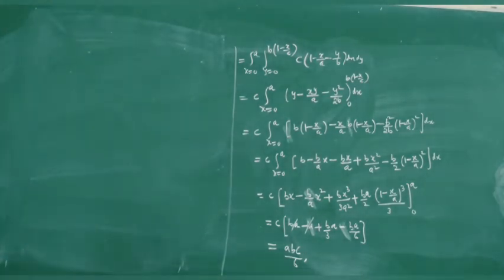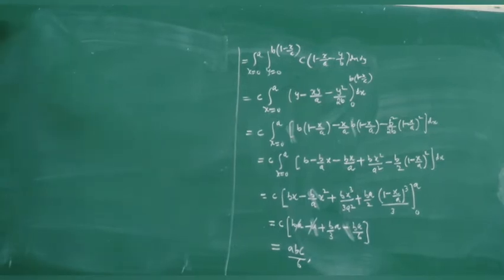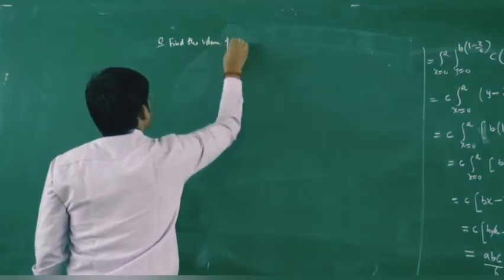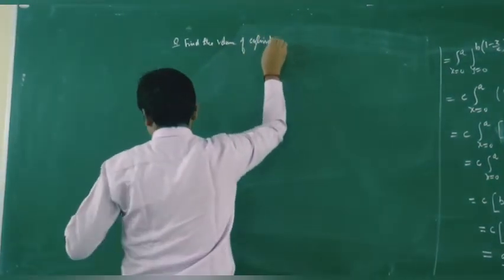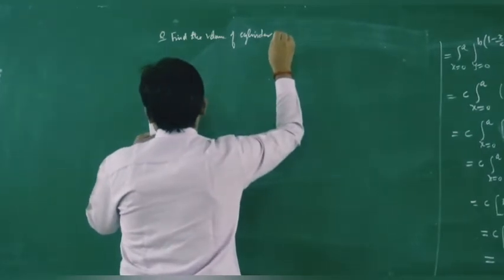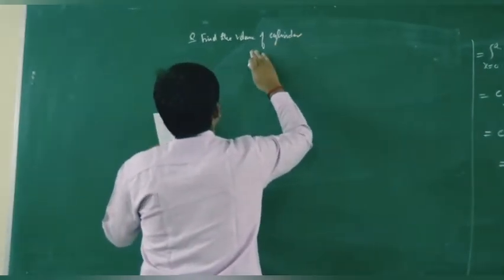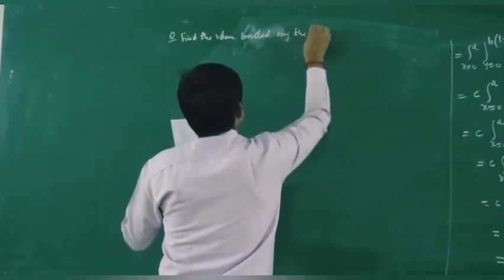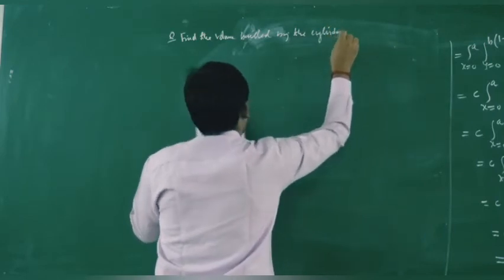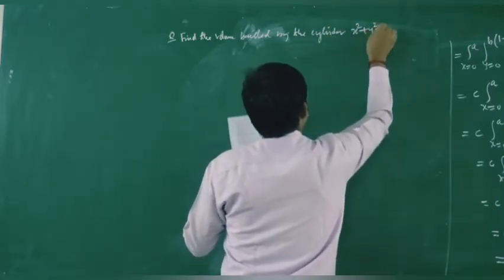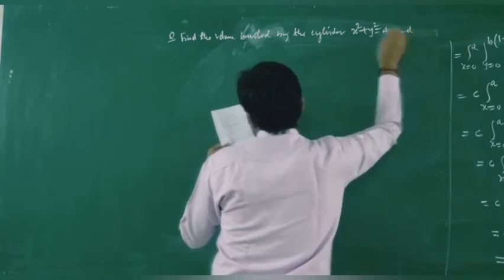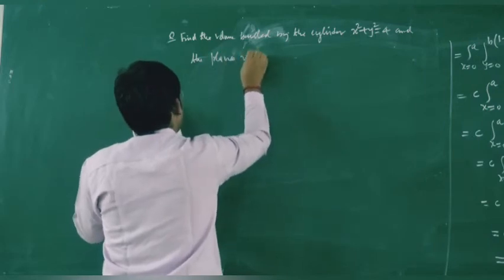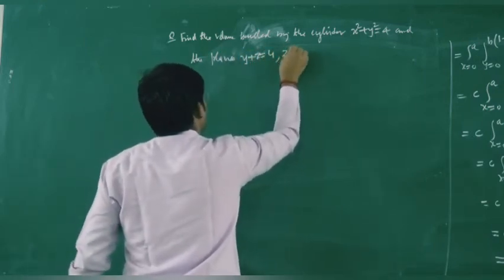Now, in the next question, we have to find the volume bounded by the cylinder x square plus y square equal to 4, and the planes y plus z equal to 4 and z equal to 0.